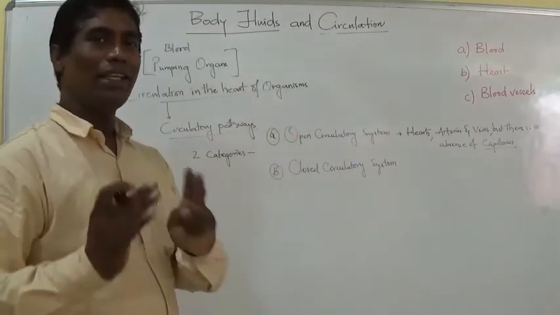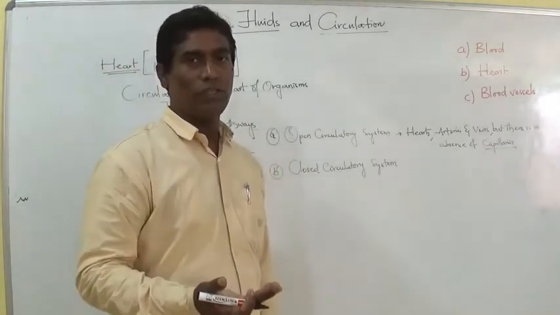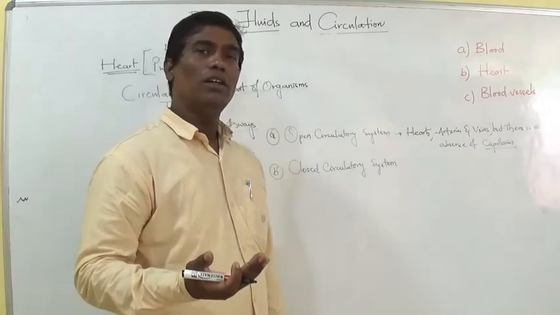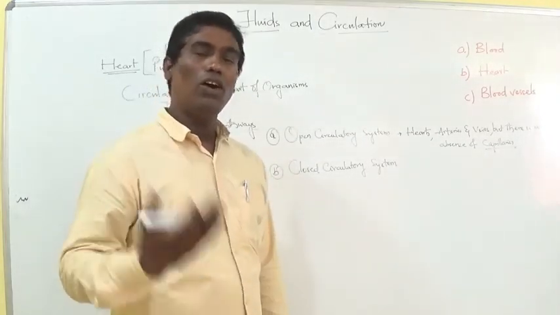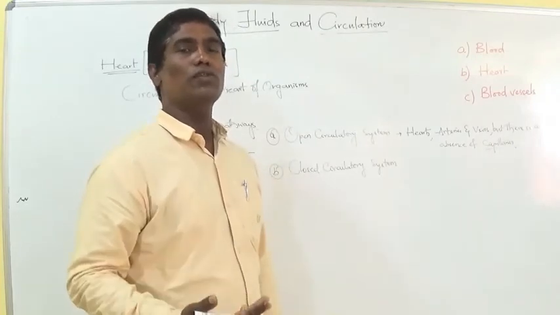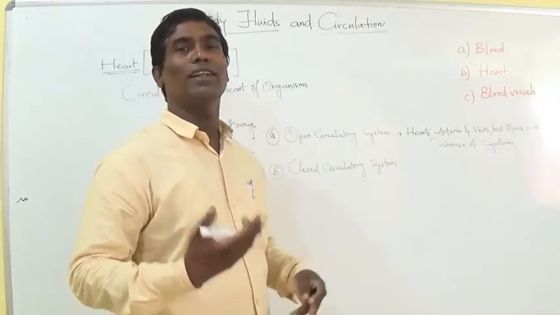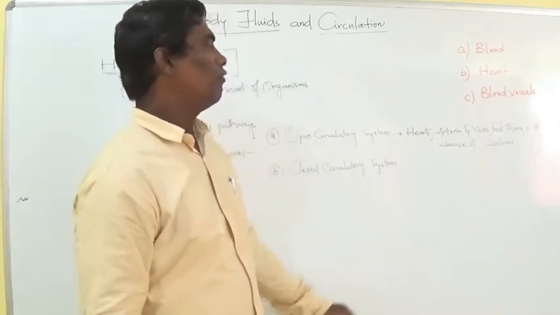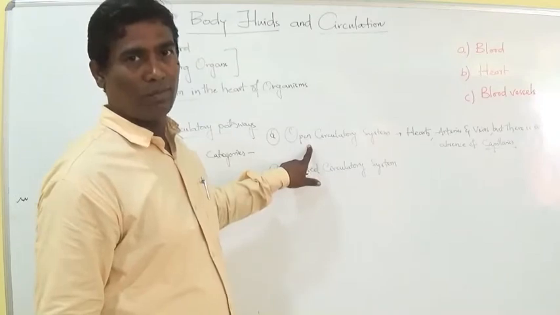That means it is incomplete, where the blood flows into the hemocoel or the coelom cavity, where the organs or the cells of the body bathe in blood without supply directly through capillaries. That's the reason why it is called open circulatory system.